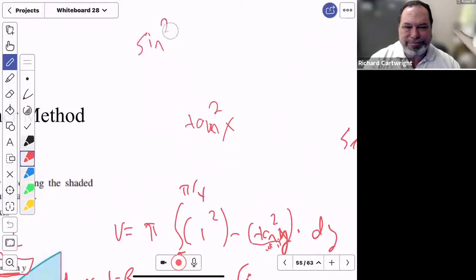I know that sine squared x plus cosine squared x equals 1. If I'm looking for tangent, I'll divide everything by cosine squared.